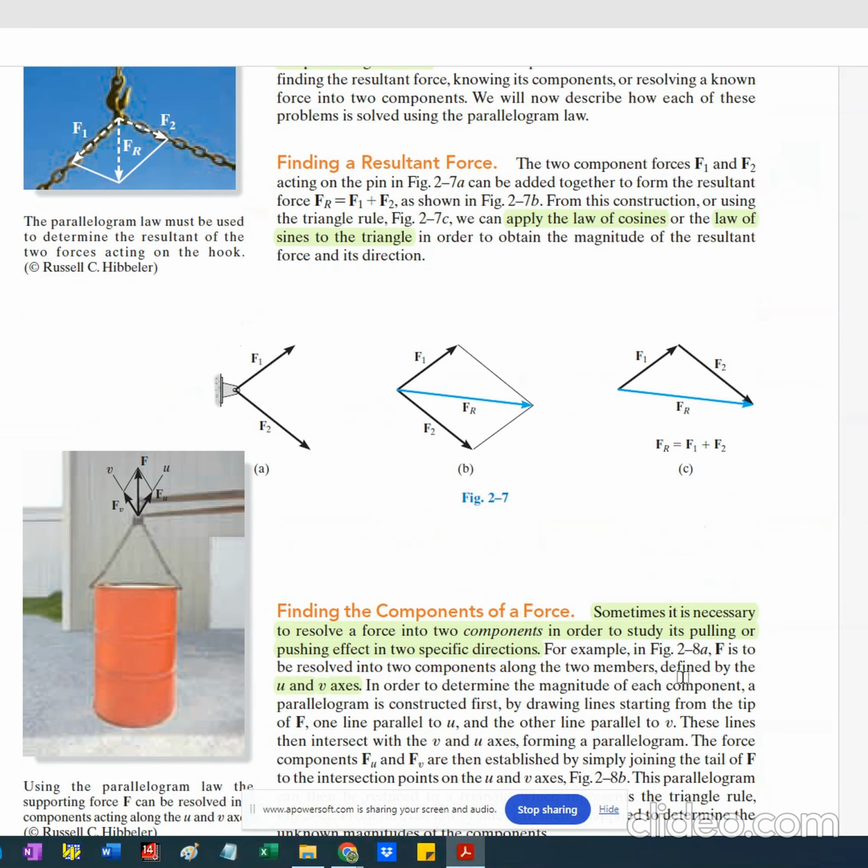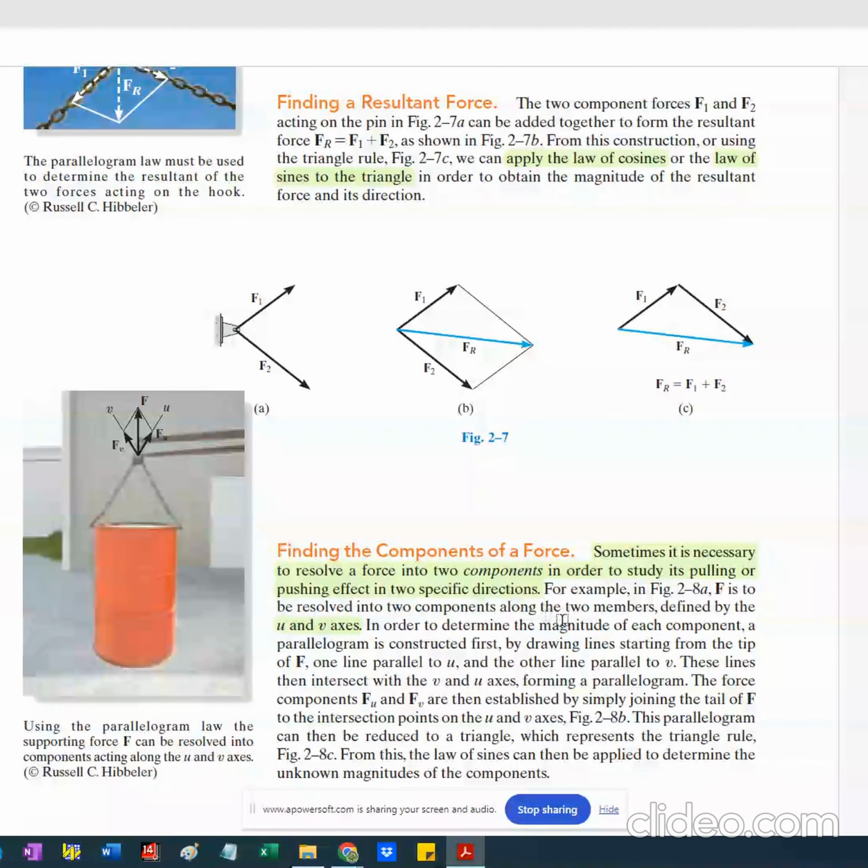Okay. And then the other problem, sometimes more involved than adding vectors, is resolving a force into components, and not the orthogonal components. That is the problem when these directions are other than orthogonal, like you see here.